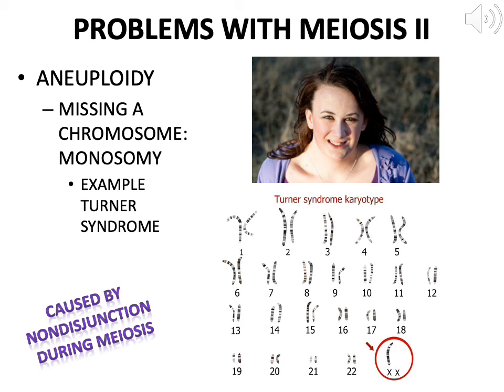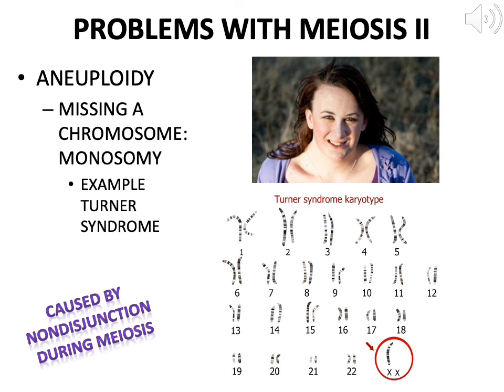But once again, in this case, it's probably a case of non-disjunction, in which case the X that she has was probably contributed by her dad's sperm, but her egg cell might not have contained any X chromosome at all due to a non-disjunction in the process of oogenesis in her mom.